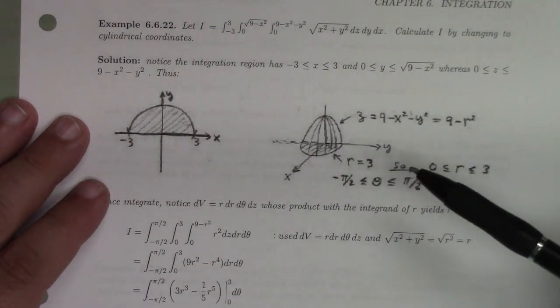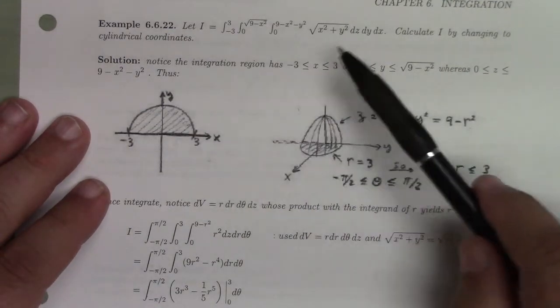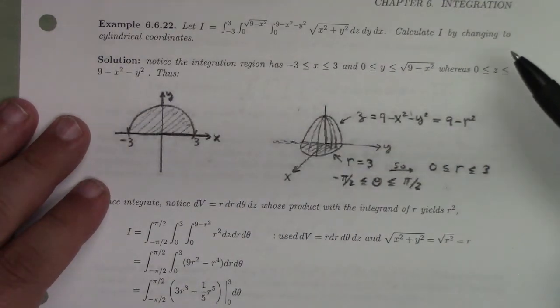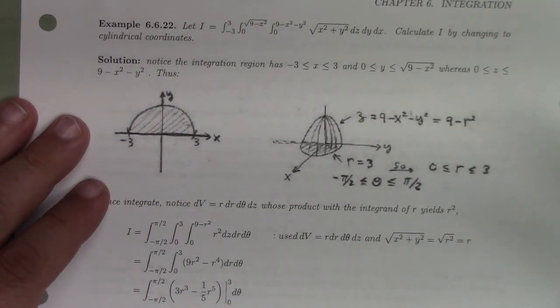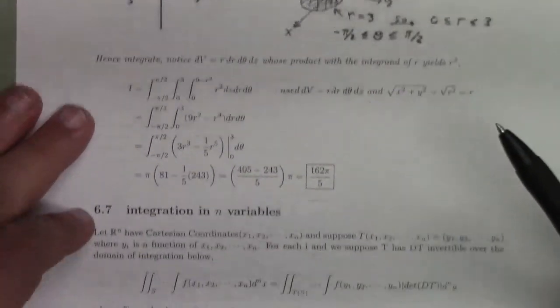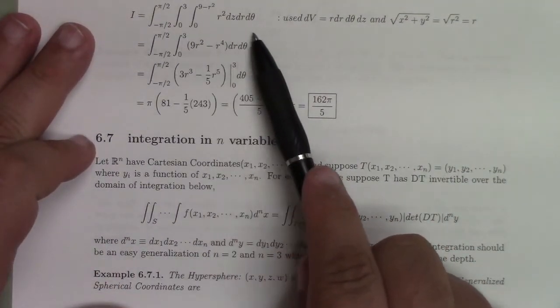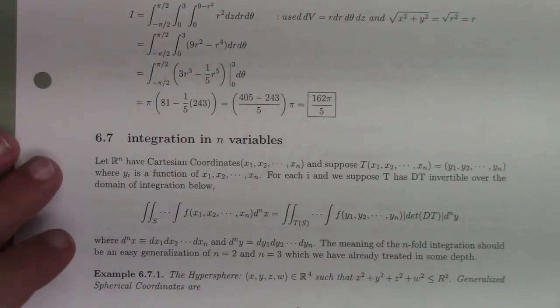If you unravel all this, we're actually on a half circle of radius 3, and z is bounded below by 0 and above by 9 minus r squared. So that rather ugly integral up here can be traded for this cylindrical integral, and it's 162 pi over 5.